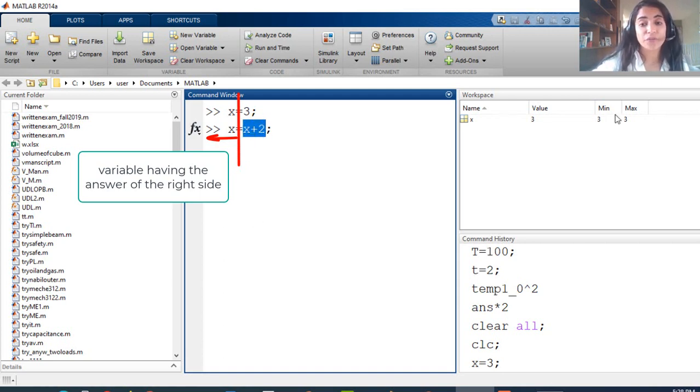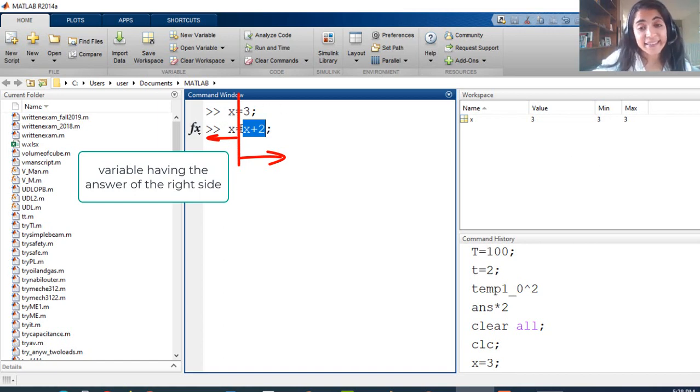If x wasn't defined in my workspace, Matlab will of course give me an error. Now since x here is defined as 3, then x plus 2 will be equal to 5. And then Matlab will put the value of x plus 2, which is 5, inside a variable called x, which is here a predefined value that is equal to 3.